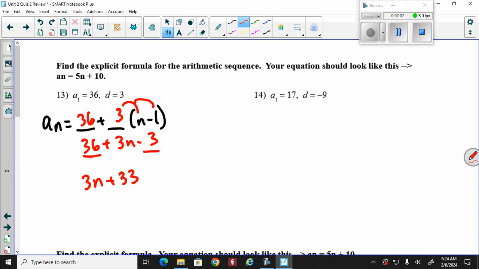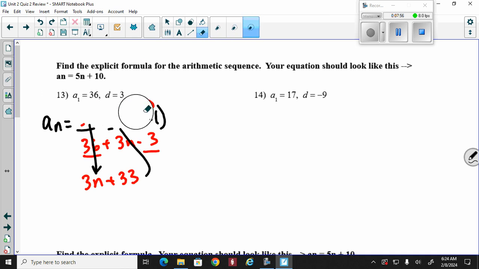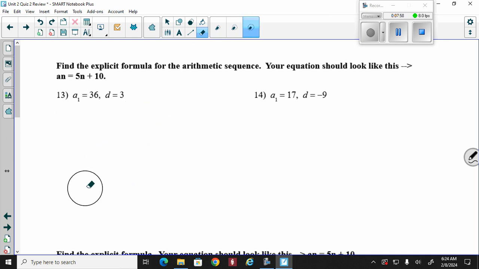And let me just spend a second. Guys, you can easily check your work. You know that your first term is for n equals 1. So take little 1, plug it in for n. Does the whole thing equal 36? If the answer is yes, then you're correct. So I'm going to camp on this for 1 second. Let's say you were someone who made the common mistake of just doing this, 3n plus 36.